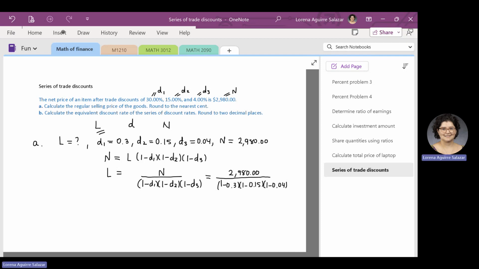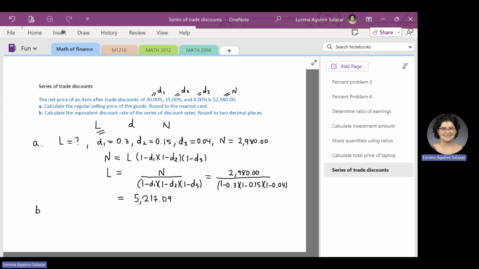After we use a calculator to find this quotient, we get the value 5,217.09. So the regular selling price of the goods is $5,217.09. That's the price of the item before trade discounts are applied.